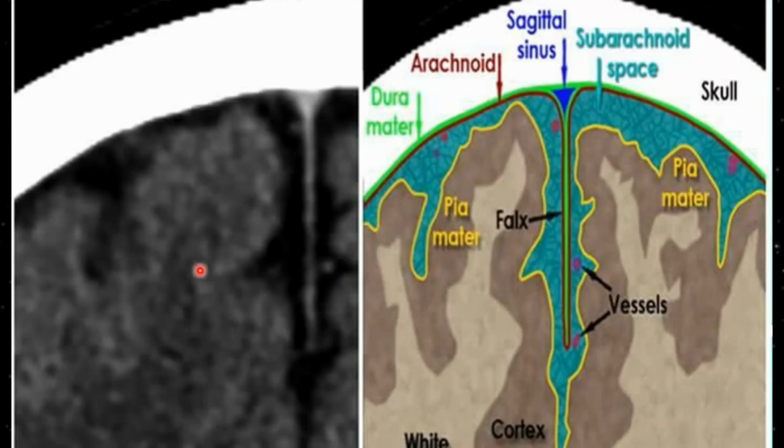While pia mater and arachnoid mater happen to be very fragile layers, and these both together are considered the leptomeninges. You cannot separate these two from one another, and in between these both there will be CSF floating.